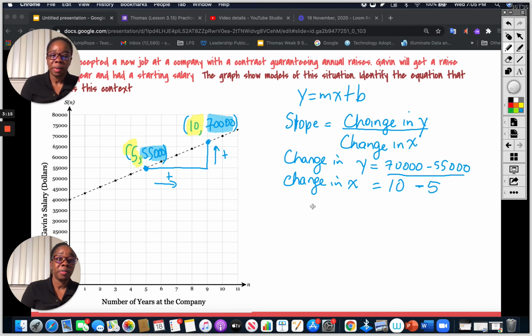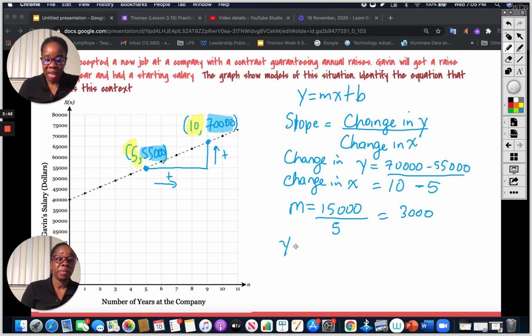So when we simplify that, 70 minus 55, or m, I'm going to change the slope to m now, is equal to 15,000 when you do the subtraction, divided by 10 minus 5, that's 5. That's 15,000 divided by 5, that is 3,000. So that's the slope.